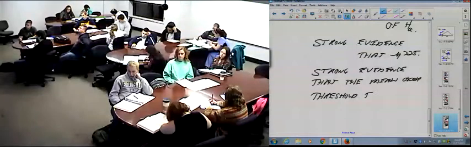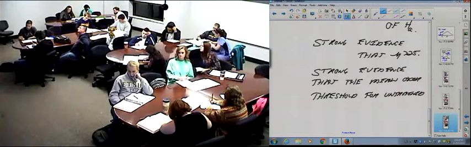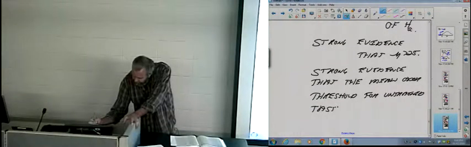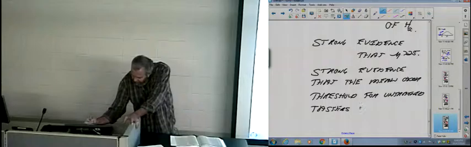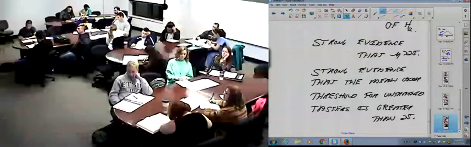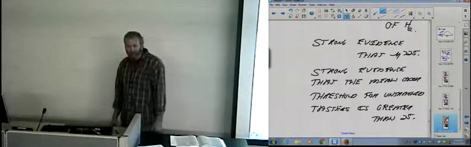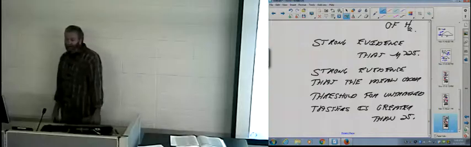For untrained tasters, is greater than 25. So the answer to the question, is there evidence that the mean odor threshold for untrained tasters is greater than 25? Yeah, there's evidence. Strong evidence.